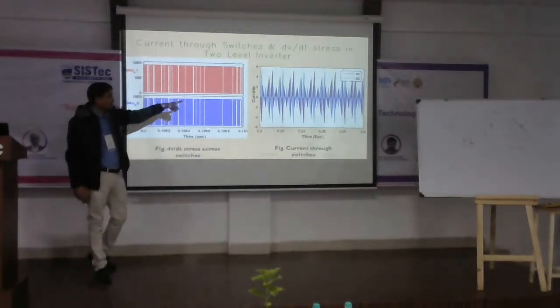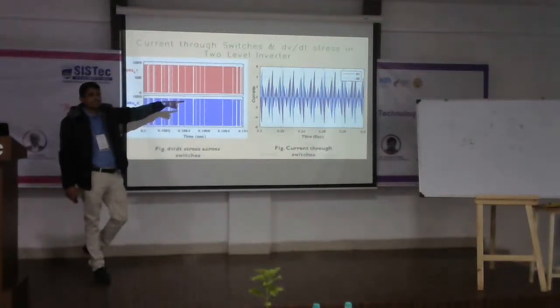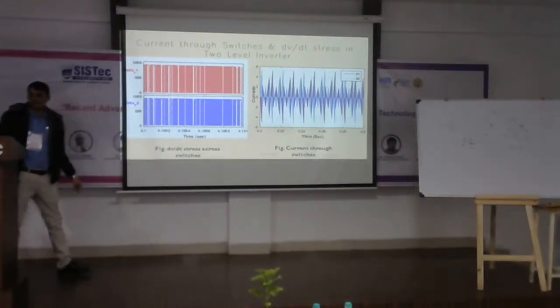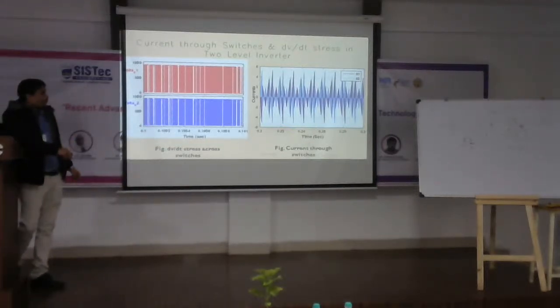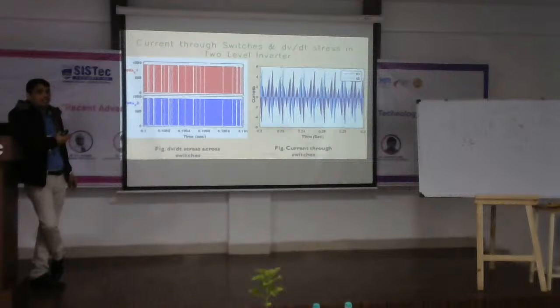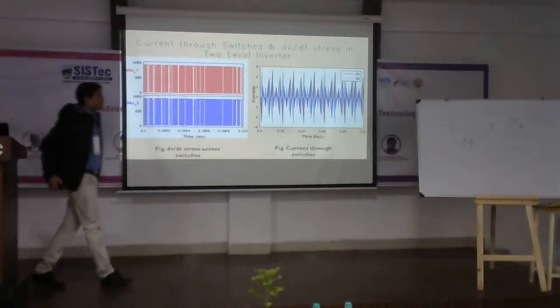And according to the current, you can see that is the pattern. Okay, you can see this is the pattern of the current. This is sinusoidal. No. This is sinusoidal, but exactly not sinusoidal. Spikes are there.